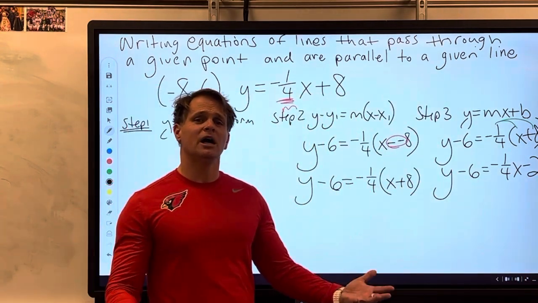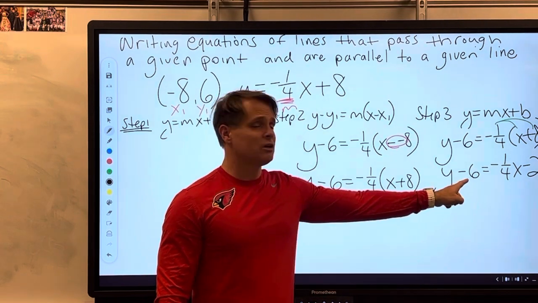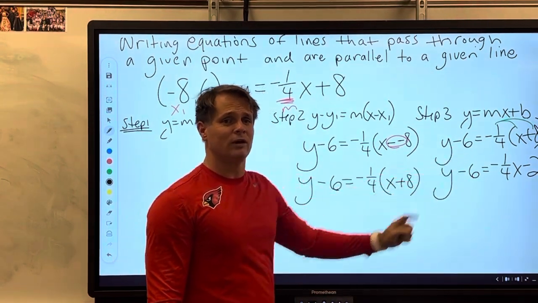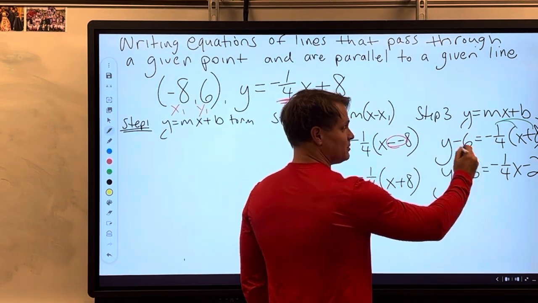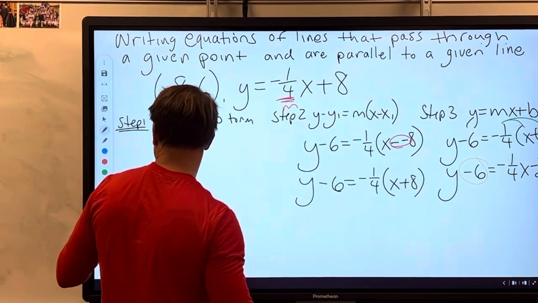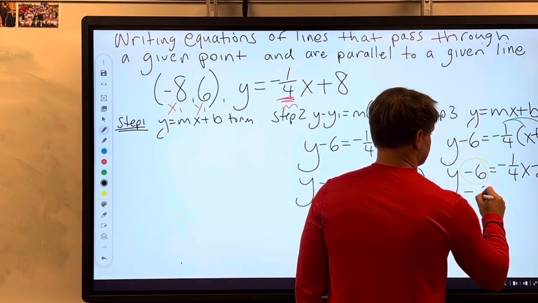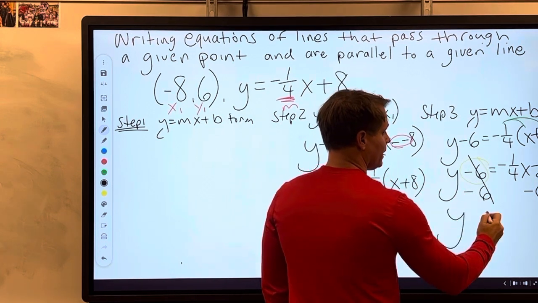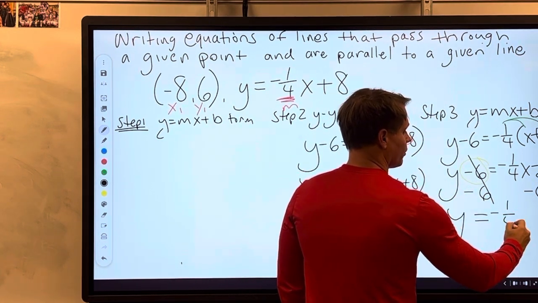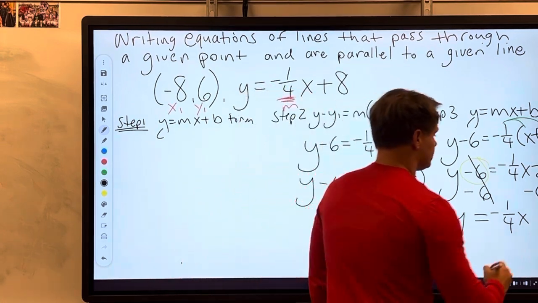I'm almost done. Same thing I did in the last 3 problems. There's a number over here on the left. I'm going to have to move it to the right. How do I undo this -6? You have to subtract 6. y equals -1/4 x. -2 minus 6 is -8.